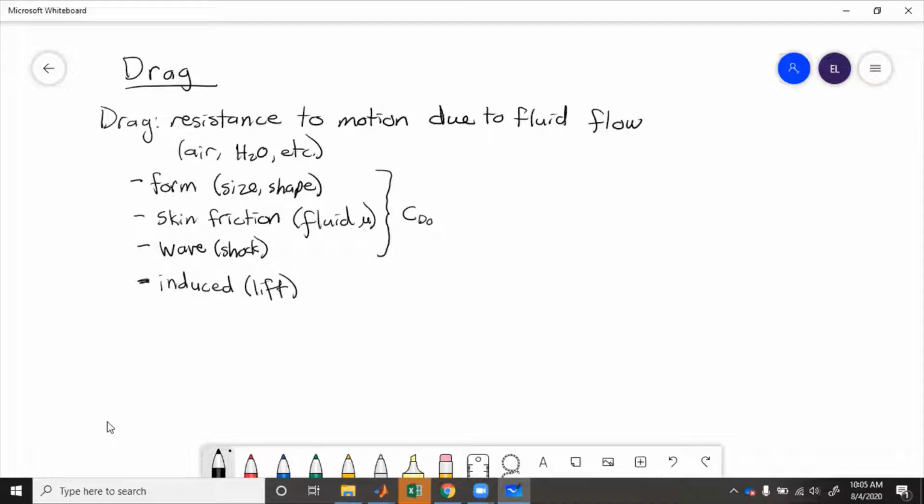That's why you induced it. But both of these, the CD0, the CD1, combine into one drag coefficient. So the drag coefficient is going to be different for every object because it depends on all of these things.